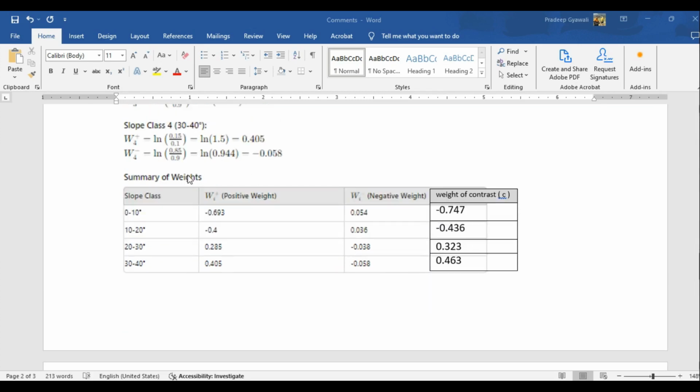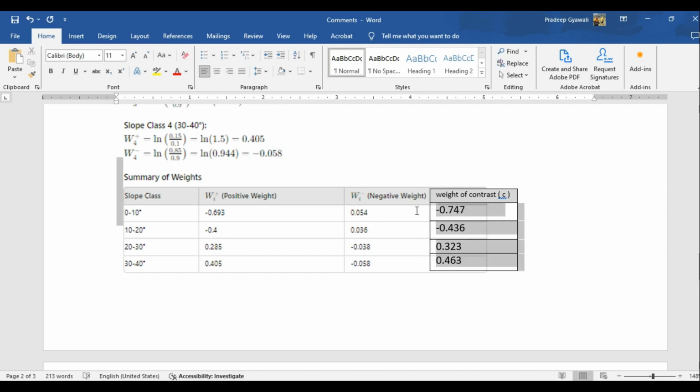So in the summary of weights, for within 10 degree we got a positive weight and a negative weight, and weight of contrast means the positive weight minus the negative weight. That means minus 0.0693 minus 0.054 gives the value minus 0.747.